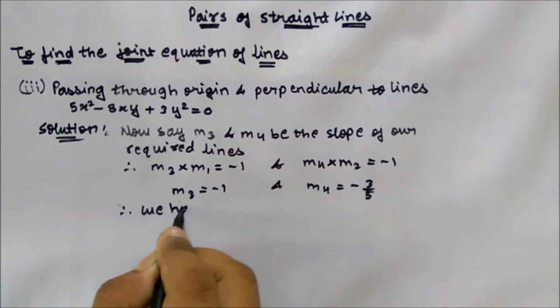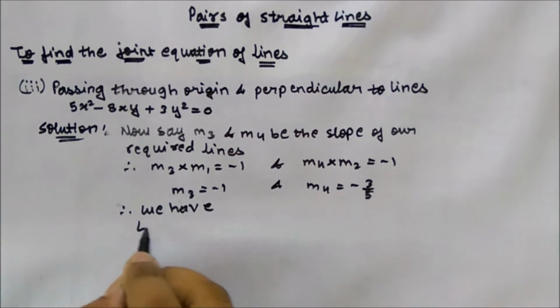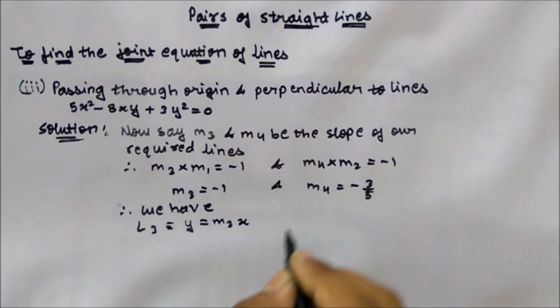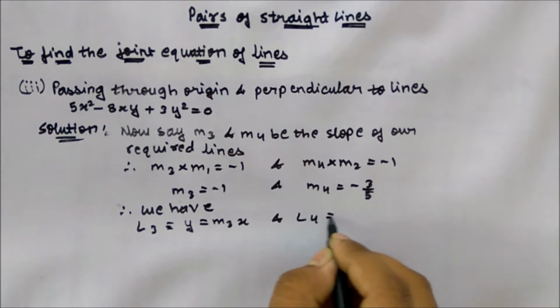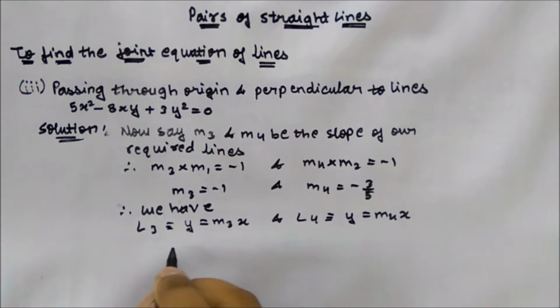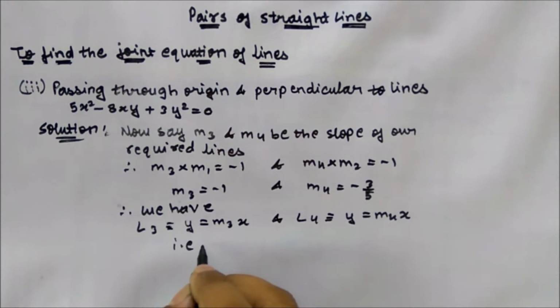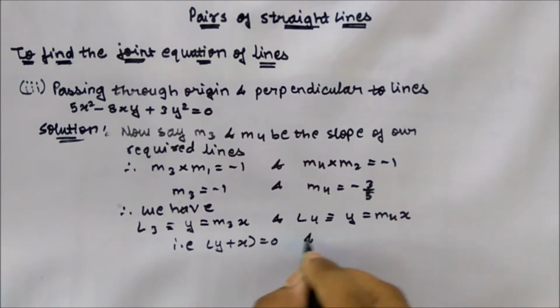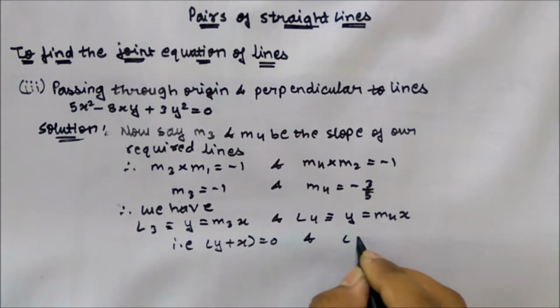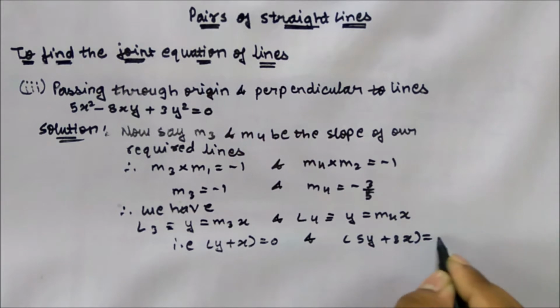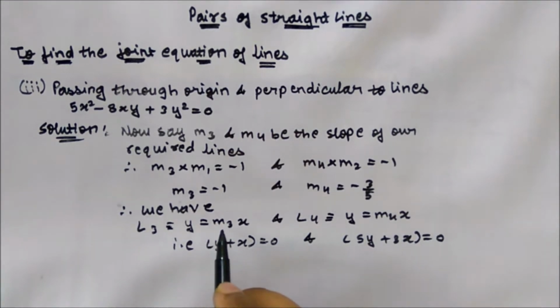Therefore, we have L3 as y equal to m3x and L4 as y equal to m4x. So we get the equations of the lines as y plus x equal to 0 and 5y plus 3x equal to 0, on substituting the values of m3 and m4 in this equation.